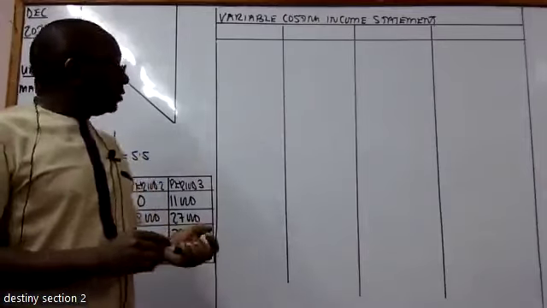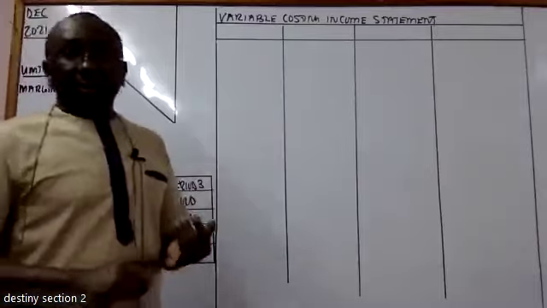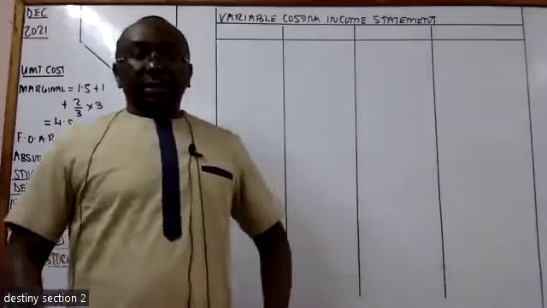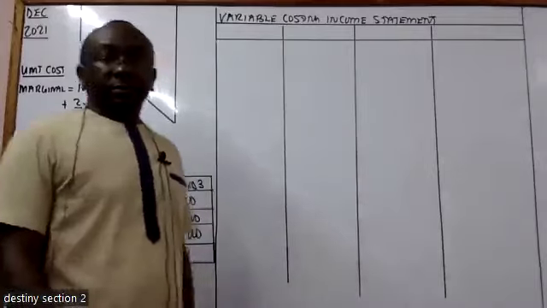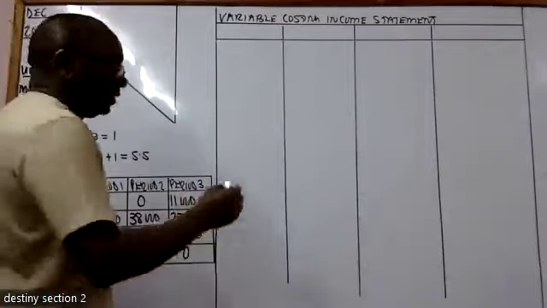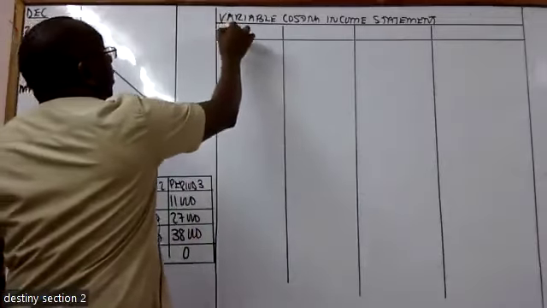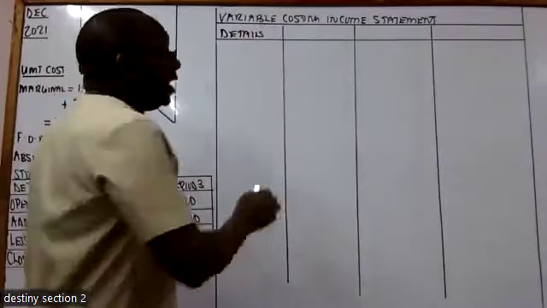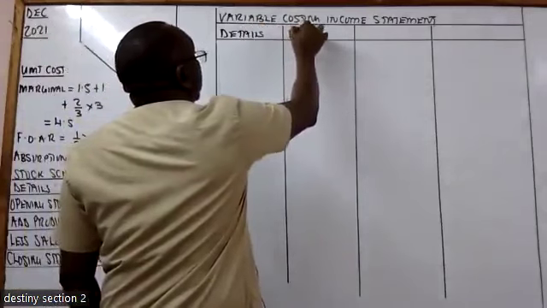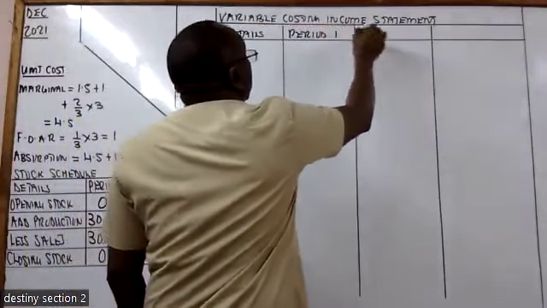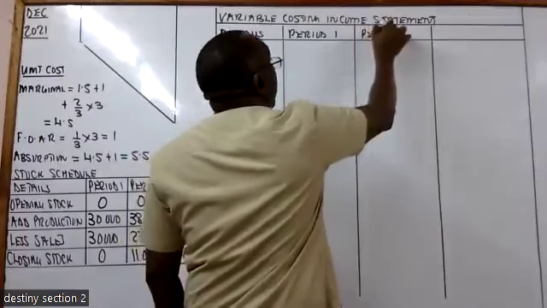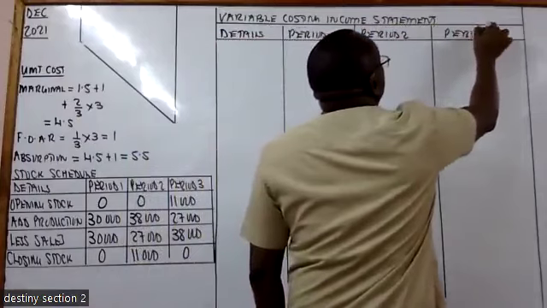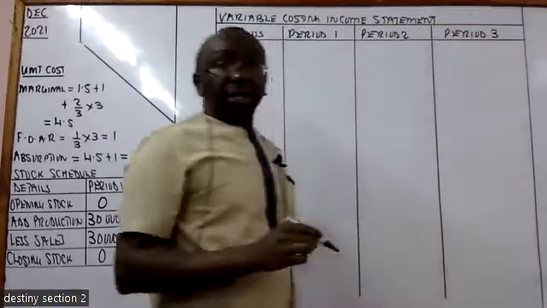It has 4 names: it is called variable, marginal, contribution, direct. So we have details here, then period 1, period 2, and period 3.